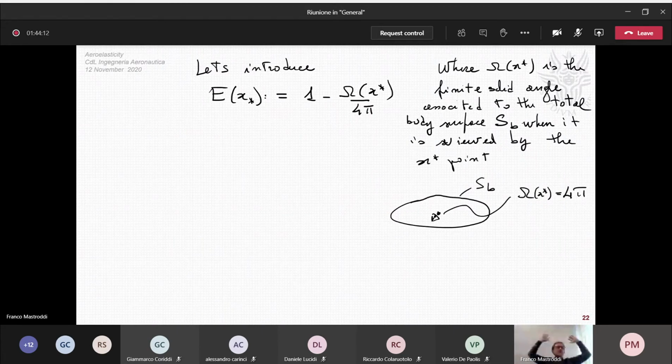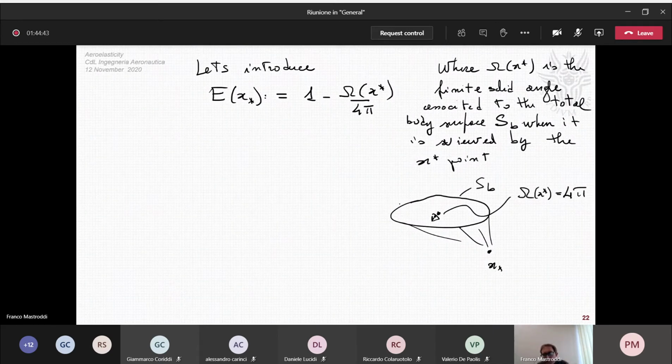All the sphere surface with unitary radius: 4 pi by the radius 1 to the power 2, so 4 pi. Okay? When you are outside with the x star point and you try to see the surface, remember that you are viewing the white and the black side of the moon.